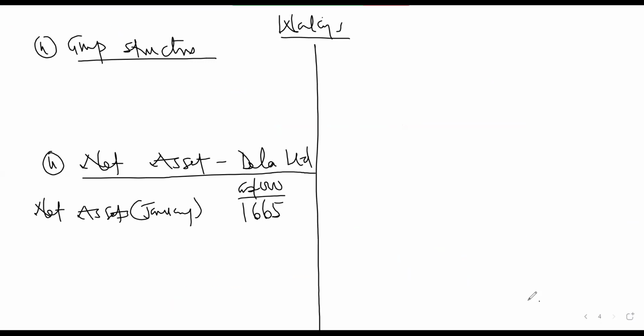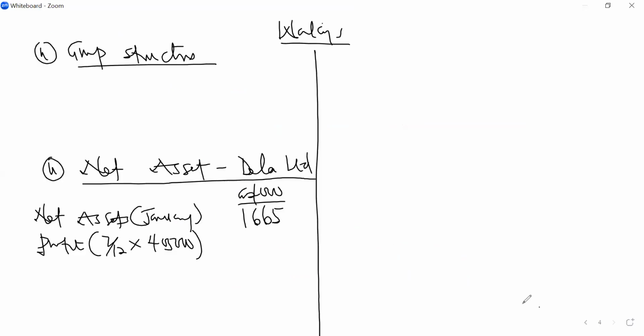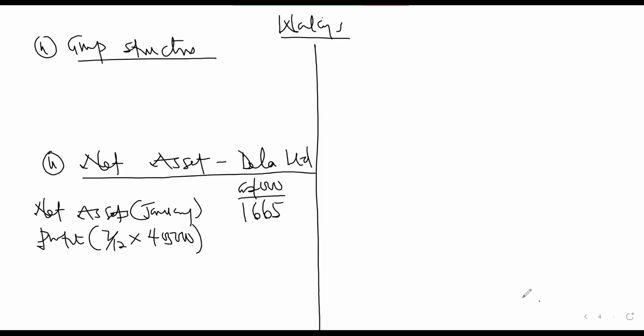We need profit for 7 months, which is 405,000, to be able to get our net asset at 1st August 2022. All right, what are we getting? 236.25.